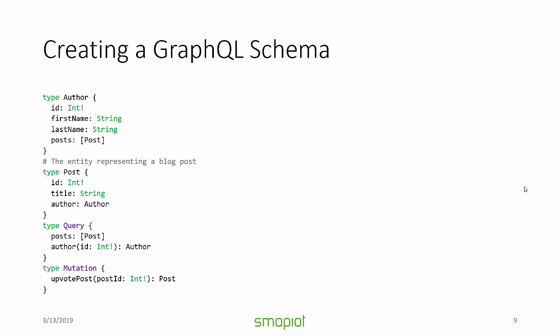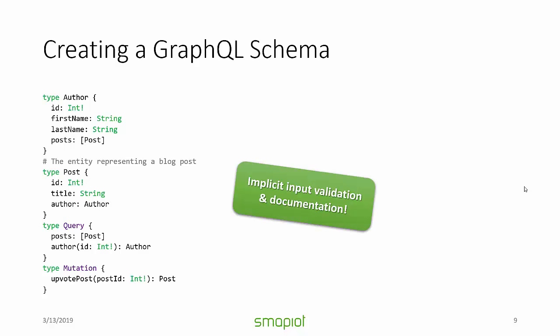Also, there is no unnecessary documentation needed, because GraphQL is purely resource focused. There are no technical details whatsoever involved here. It's all about the types and therefore all about the resources. So really great. This is not only used for documentation, but of course is also used by GraphQL to make proper input validation.